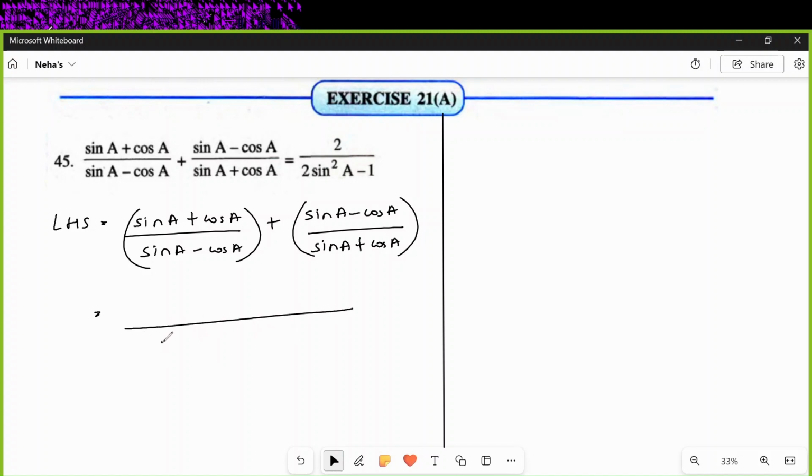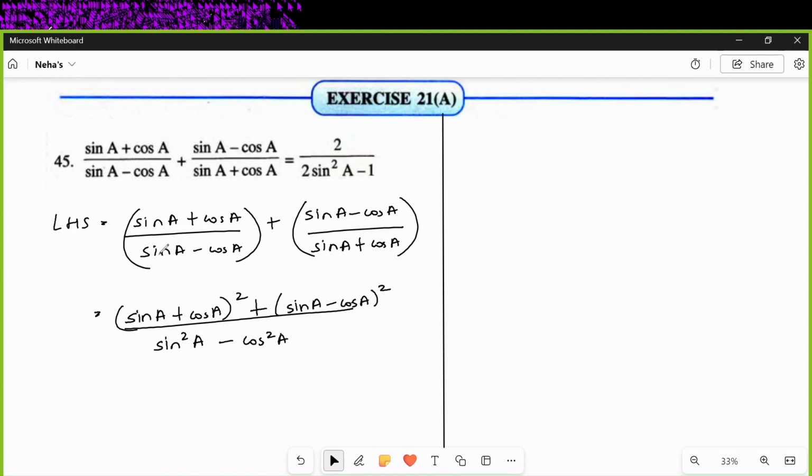So the denominator will become sin square a minus cos square a by the formula that a minus b into a plus b is equal to a square minus b square. The numerator will become sin a plus cos a whole square, as a plus b into a plus b is equal to a plus b whole square, and this numerator will become sin a minus cos a whole square.